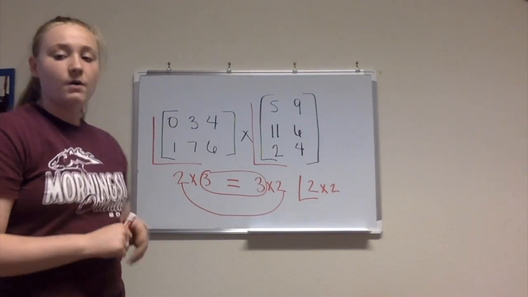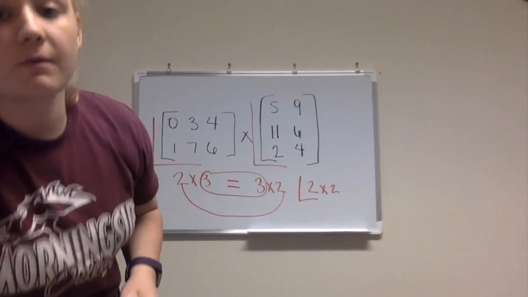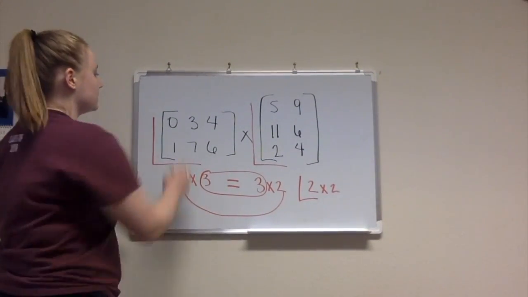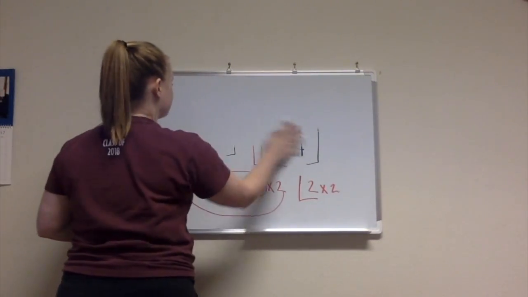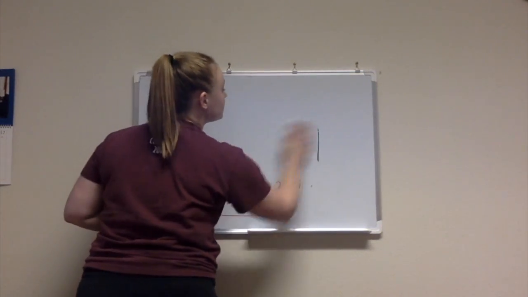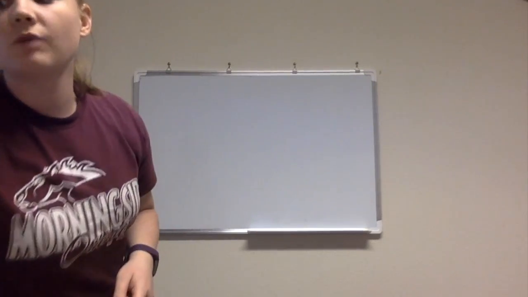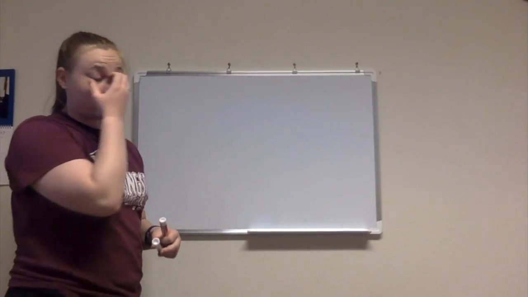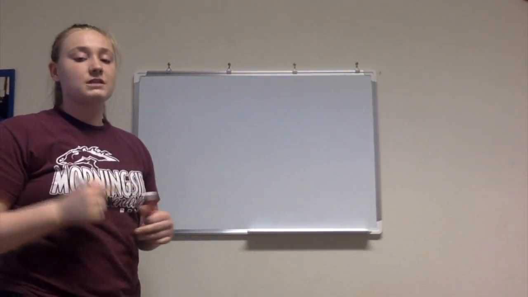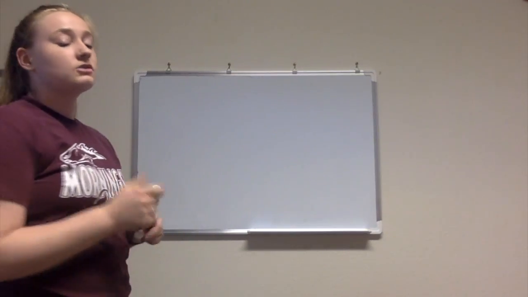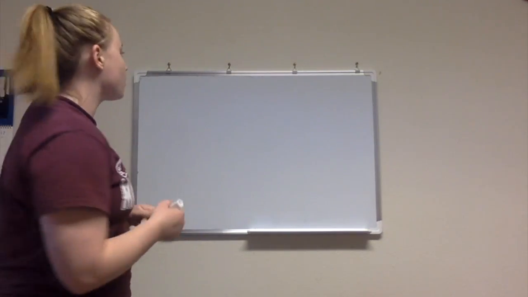Let's do another problem real quick to see if we can multiply these together. I'm not even going to write out or draw my matrices. I'm just going to write the dimensions, since we already know how to find the dimensions on our own.